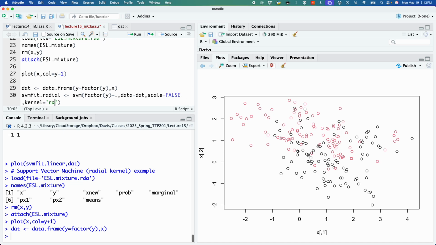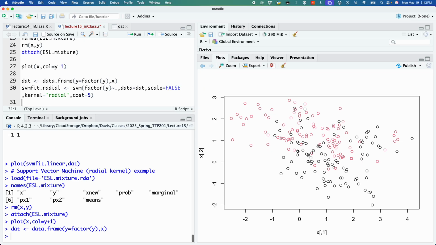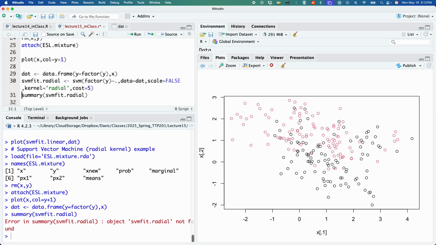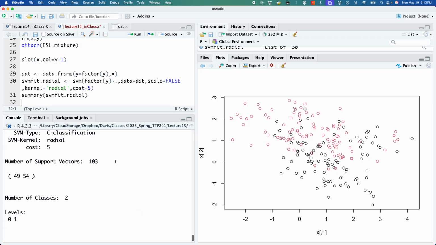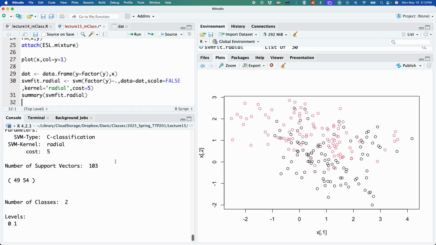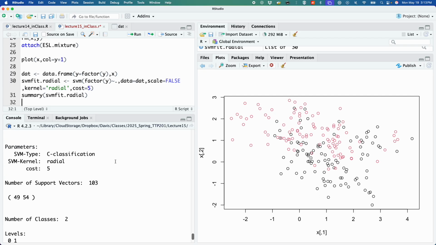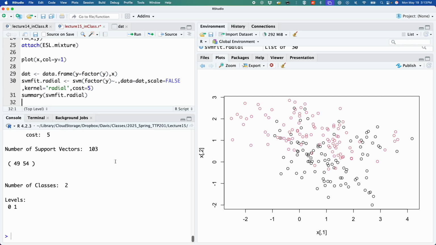This time we're going to do radial, cost of 5. Gotta actually run this. So in here we have 103 support vectors across our two classes.